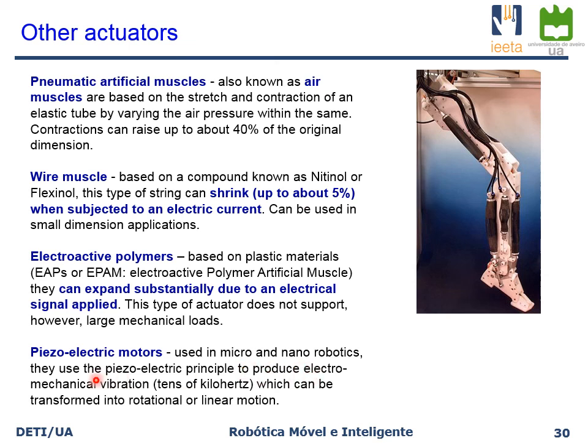These are generally used to generate mechanical vibrations, which can then be transformed into rotational or linear motion. These piezoelectric motors can be easily adapted to really small moving robots.